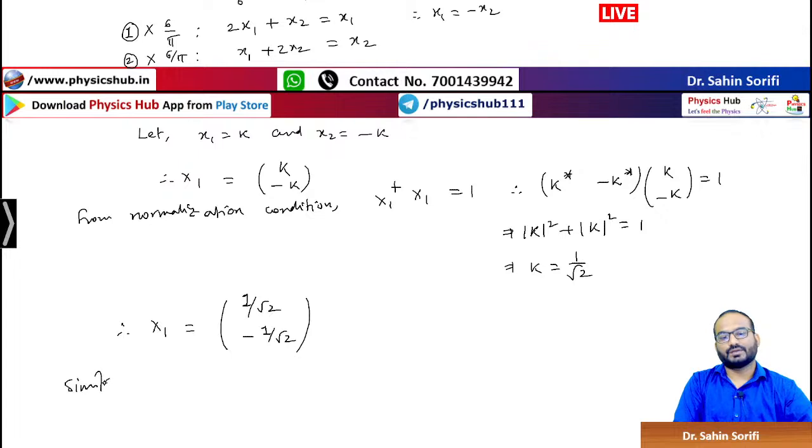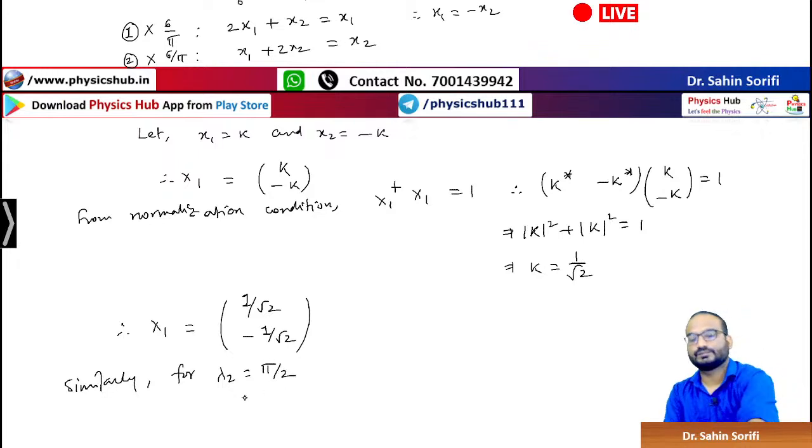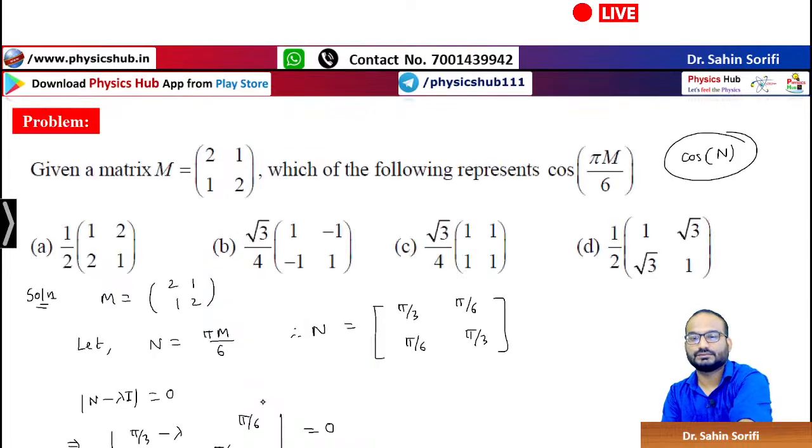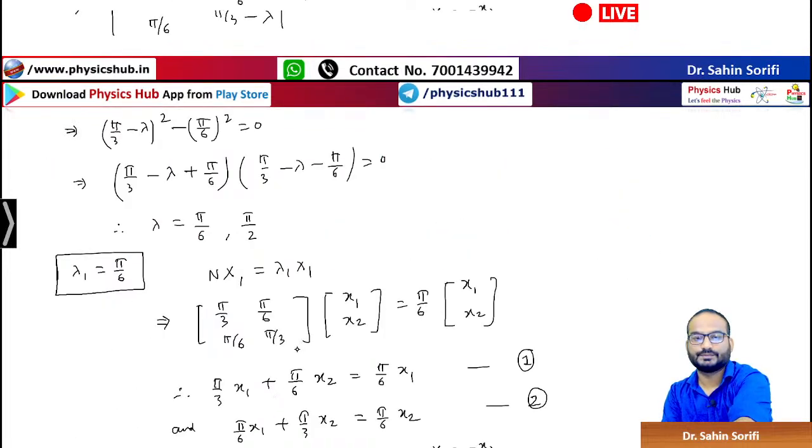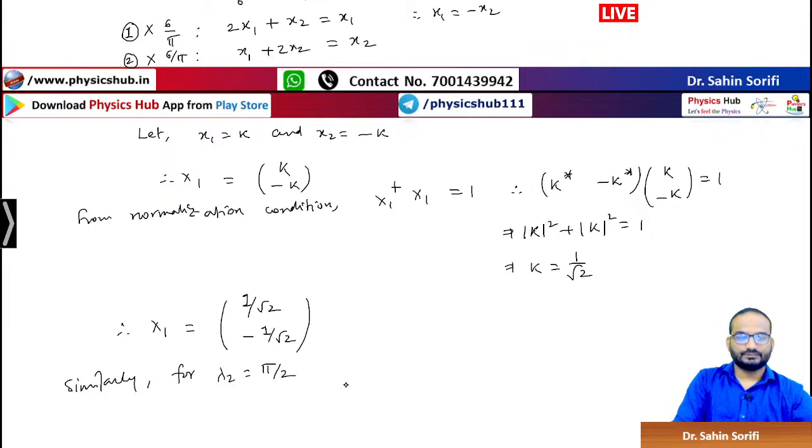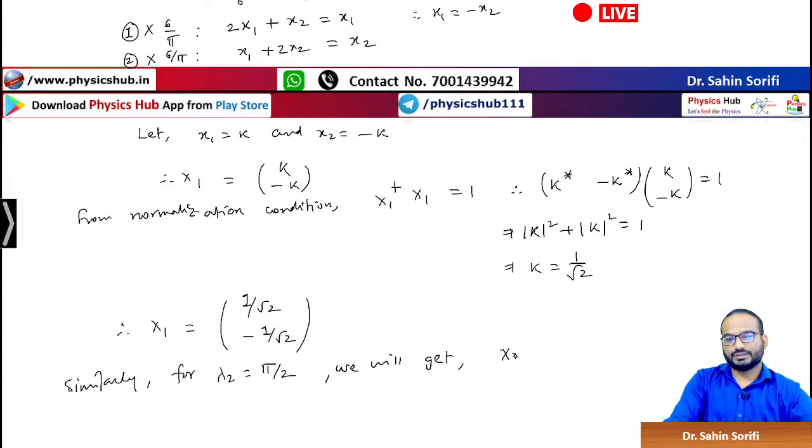Now similarly, if you calculate for lambda 2 equal to pi by 2. Pi by 2 I have got, no? Yes. You will get x2 as 1 by root 2, 1 by root 2.